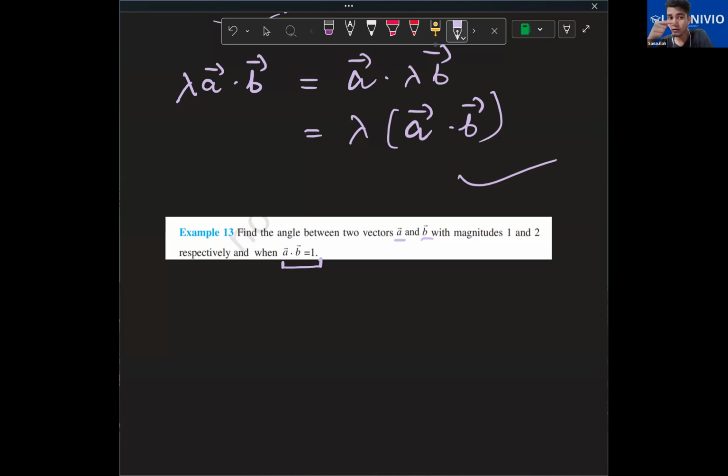So from there you can find your cos theta, and once you know cos theta, you get theta, the angle between A vector and B vector. Understood? So from there your theta will come. A dot B is given to you.